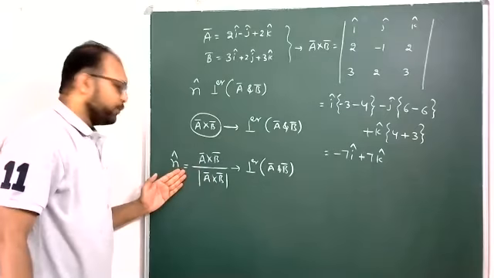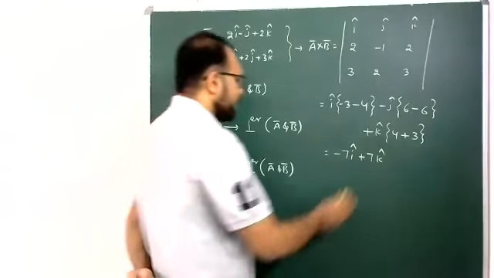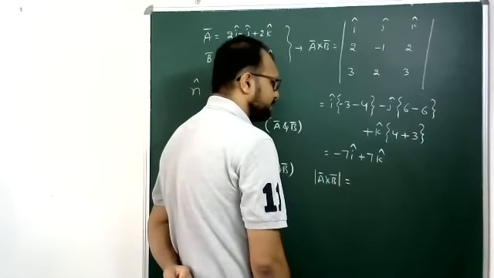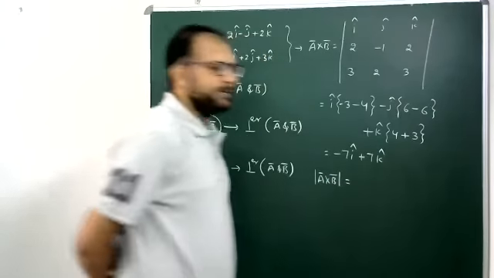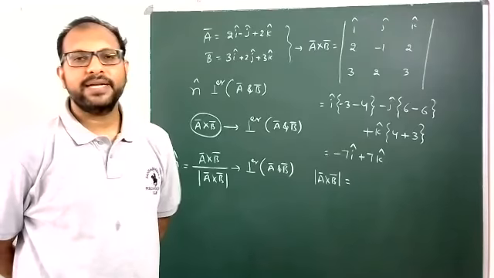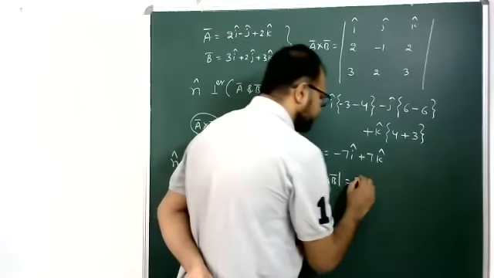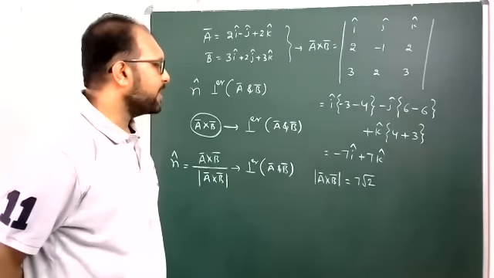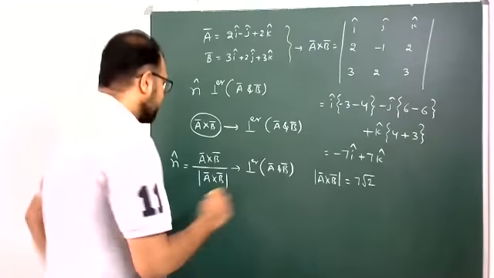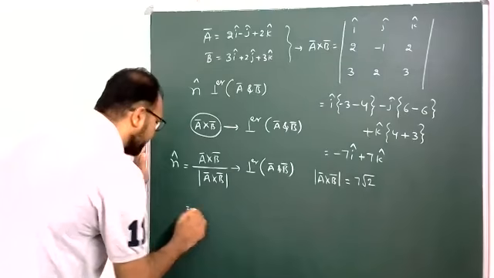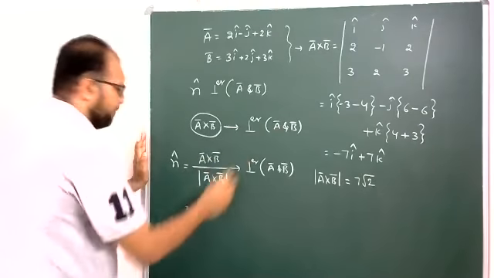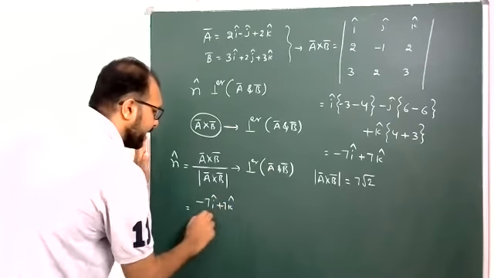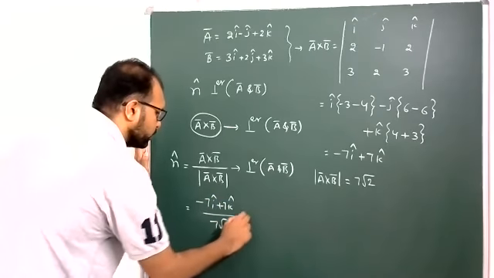But we need unit vector, divided. So what is the modulus of A bar cross B bar? Root over 7 square plus 7 square means 7 root 2. That is the magnitude of A bar cross B bar. Now N cap equal to -7 I cap plus 7 K cap divided by 7 root 2.